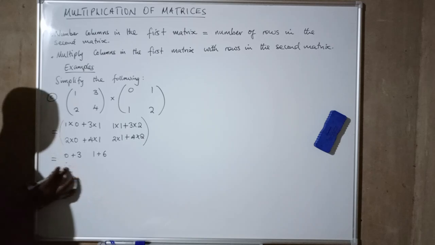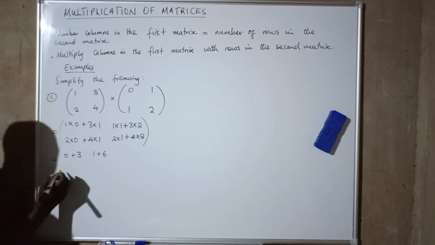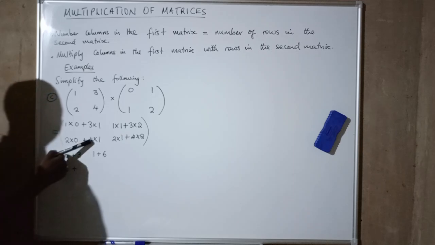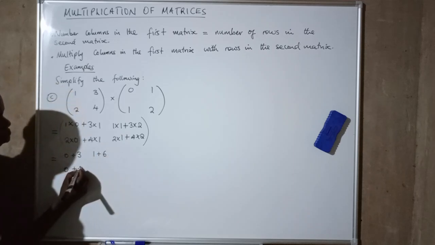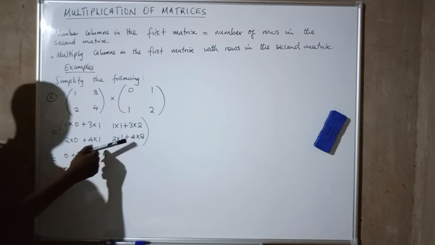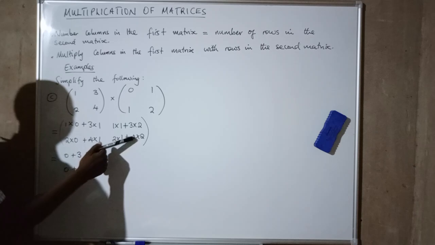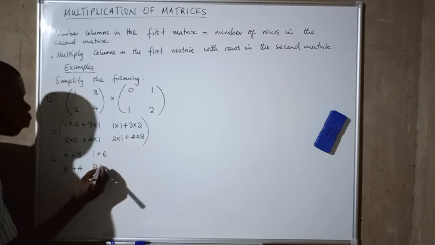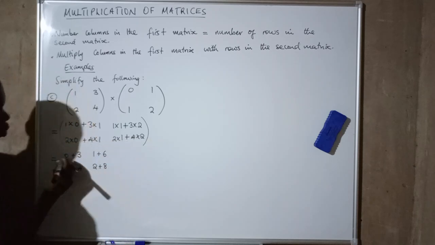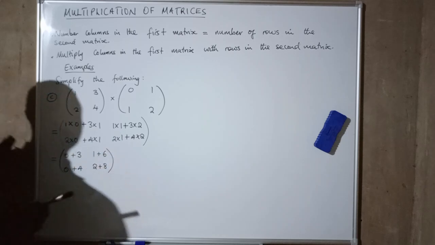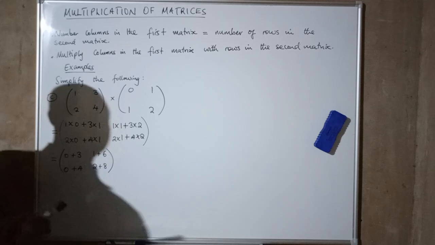Can you just give space here? Yes, so I'm saying 0 plus 4 times 1, which will be 4. Then 1 times 2, which will be 2, plus 4 times 2, which will be 8. Okay, so you put it like that. Follow step by step, don't rush.